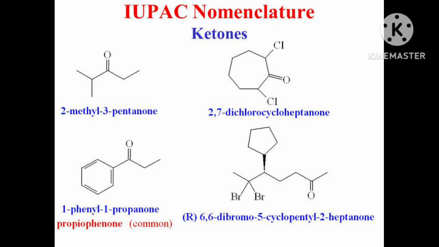Now the next example I am telling you: cyclohexane is there. In that a CO group is attached, an oxygen double bond is there. From the cyclohexane ring, one carbon is attached with one oxygen having a double bond, meaning a ketone.